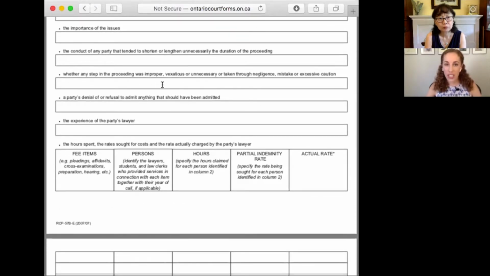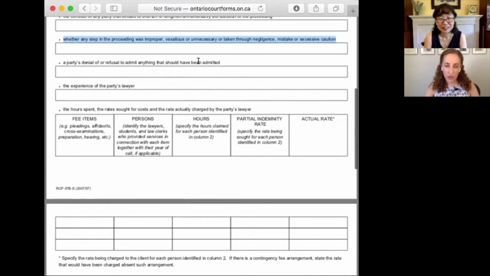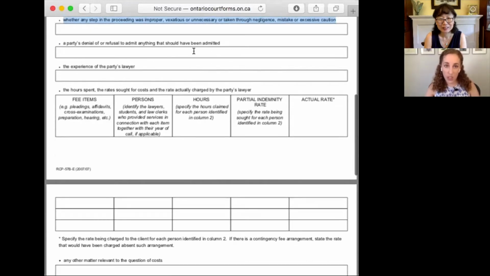Whether this step in the proceeding was improper, this part might be more for the responding party to address, or maybe there's nothing in this motion that addresses that point. You can say not applicable. If the other party hasn't done anything improper, then don't accuse them, just because there's a section in there for being improper. And I would go through the rest of the questions the same way.